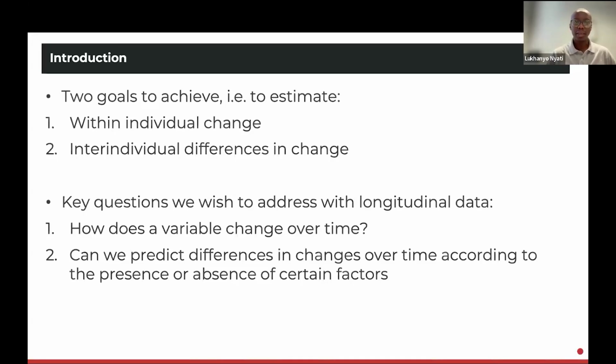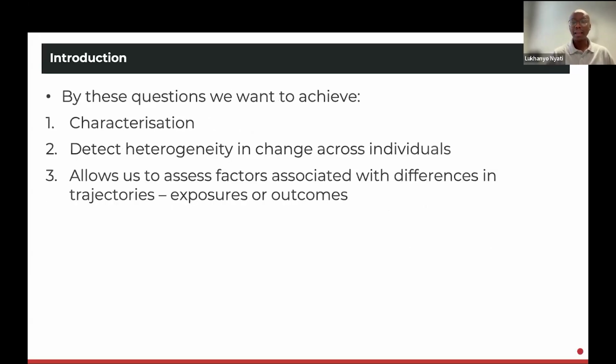For example, if you're looking at an exposure of exclusive breastfeeding versus non-exclusive breastfeeding, and you follow up infants from birth up to the age of, say, 24 months, and you're interested to see what are the changes in body composition, fat mass, fat-free mass over time. That's what longitudinal data allow us to do.